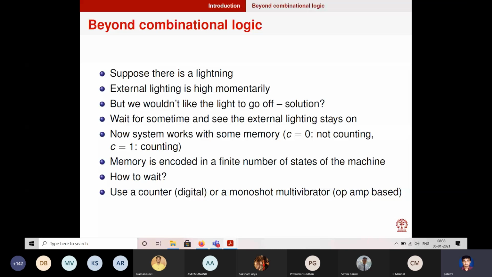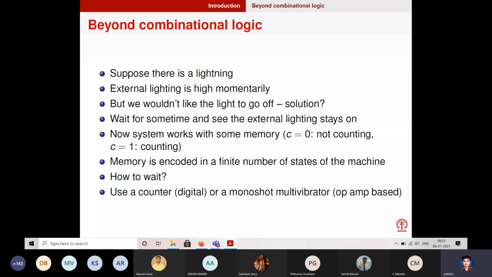Okay, so this is fine. We'll come back to our implementation of these systems. How do we build a digital counter? What is a monoshot multivibrator? We'll come to this. In fact, the monoshot multivibrator will not be of much use. We'll mainly be concerned with the digital counter.